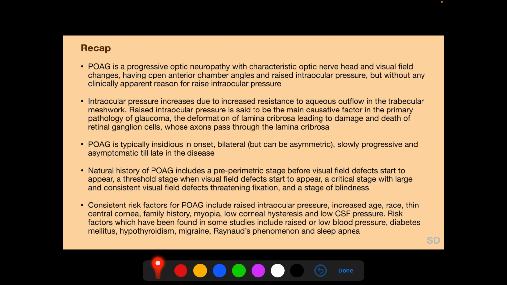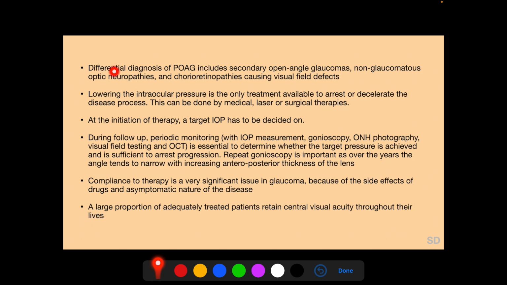Risk factors which have been found in some studies but not all include raised or low blood pressure, diabetes mellitus, hypothyroidism, migraine, Raynaud's phenomena, and sleep apnea. Differential diagnosis of primary open-angle glaucoma includes secondary open-angle glaucoma, non-glaucomatous optic neuropathies, and chorioretinopathies causing visual field defects resembling visual field defects of glaucoma.